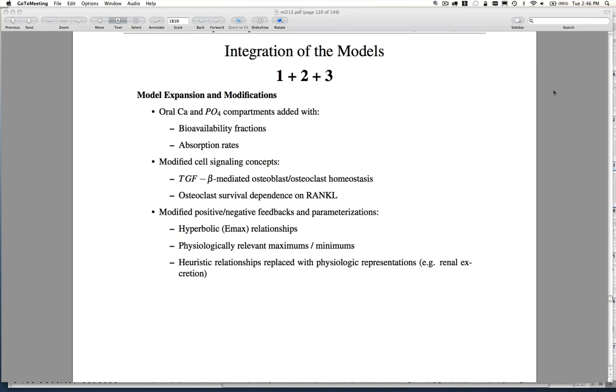So a few things for the modeling process. We merged the different models. There were also numerous expansions and modifications, including development of the allowance of oral dosing for calcium and phosphate, bioavailability changes, particularly with calcium. As you're probably all aware, calcium has an inherent feedback on vitamin D. As far as how much calcium gets absorbed, that wasn't in the original model.